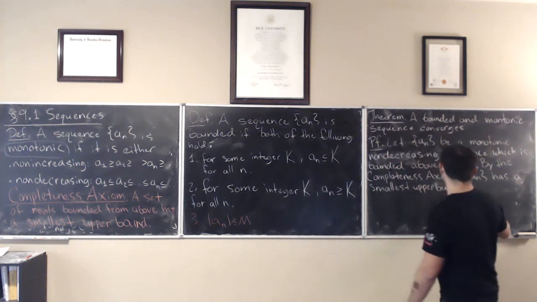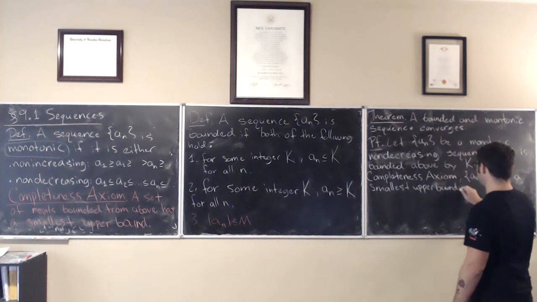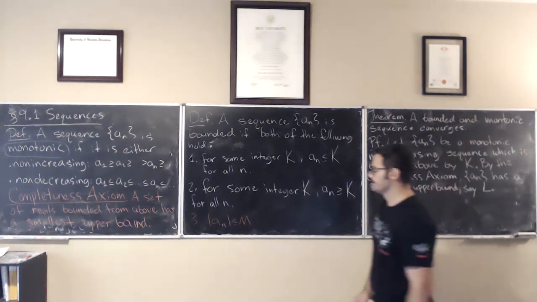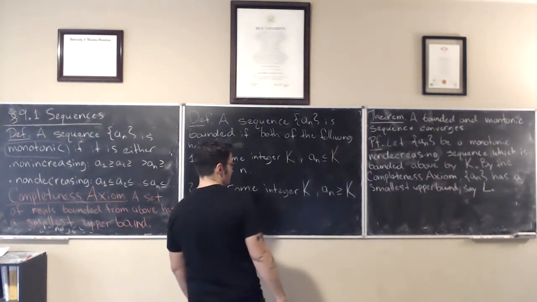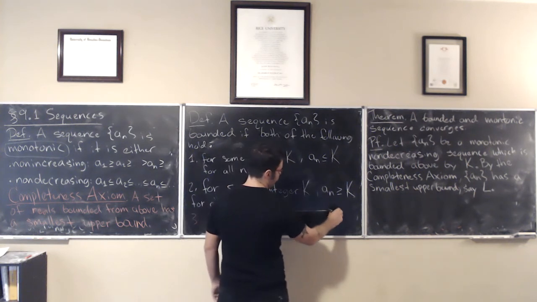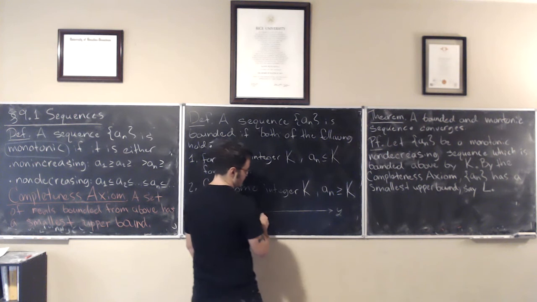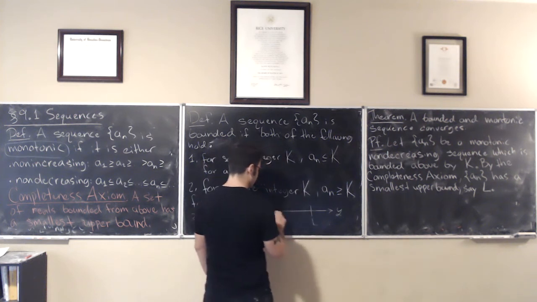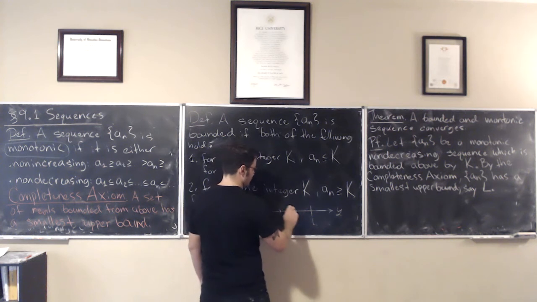Mathematicians like to go maybe say L. So that's what we're calling the smallest upper bound. If you look at the terms of your sequence, like suppose this is your y-axis, as you're going off to infinity, and here's L, it is your smallest upper bound, and you have all these terms that are bounded above by L, right?